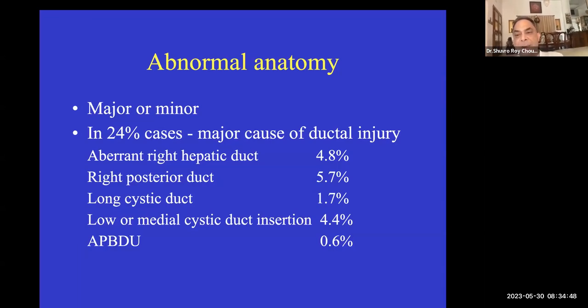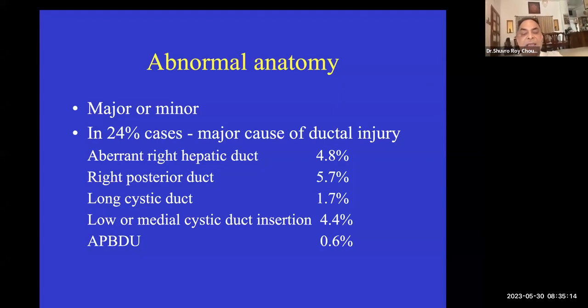But if you have got a low medial insertion, you have got two parallel structures in the lower CBD, and you can mistake the CBD to be the cystic duct, and you can clip the CBD and cause a bile duct injury or a stricture. So these are important structural anomalies that you need to be aware of.